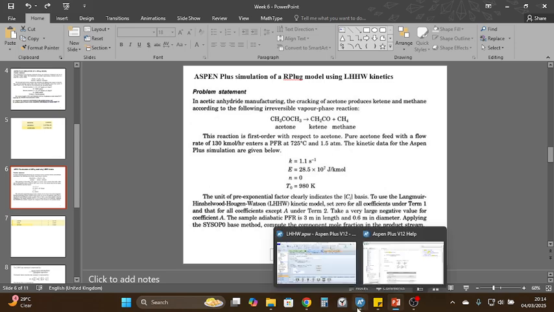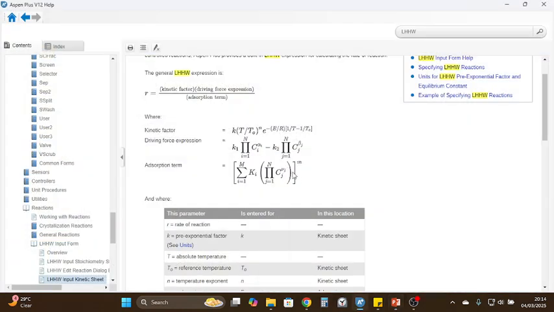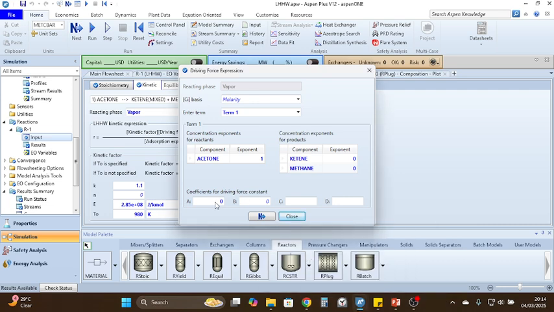That is the concentration power, this alpha i coefficient, we have set it as 1. Next, if you hover over here, it is telling that it lets you type the coefficient in the first driving force term. That is the first term, K1, and the product of Ci to the power alpha i.